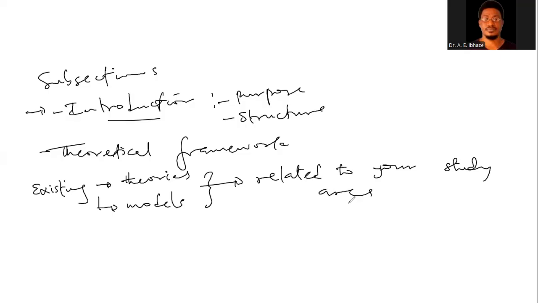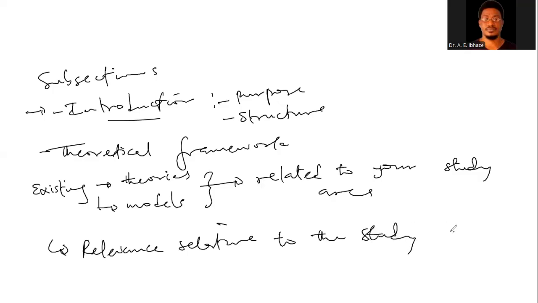Okay. So in as much as you pull off these theories and existing models, you don't just want to mention them, you also want to tell their relevance relative to your study. So this is where it all begins.